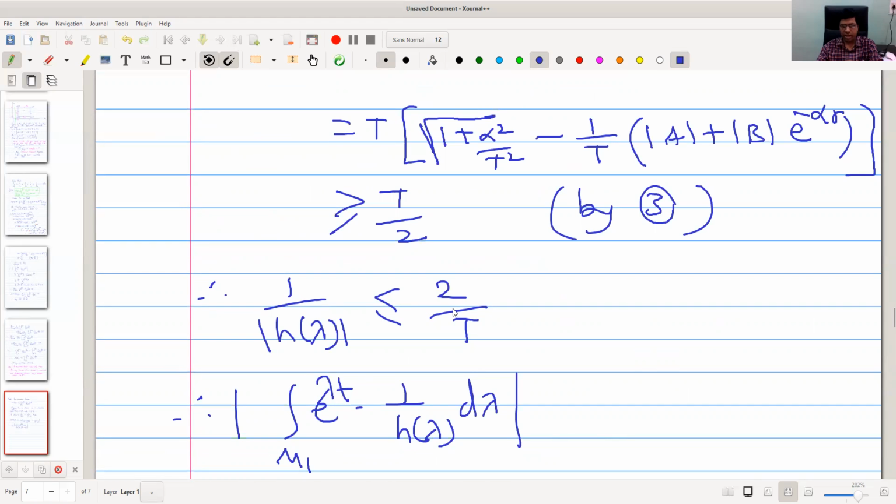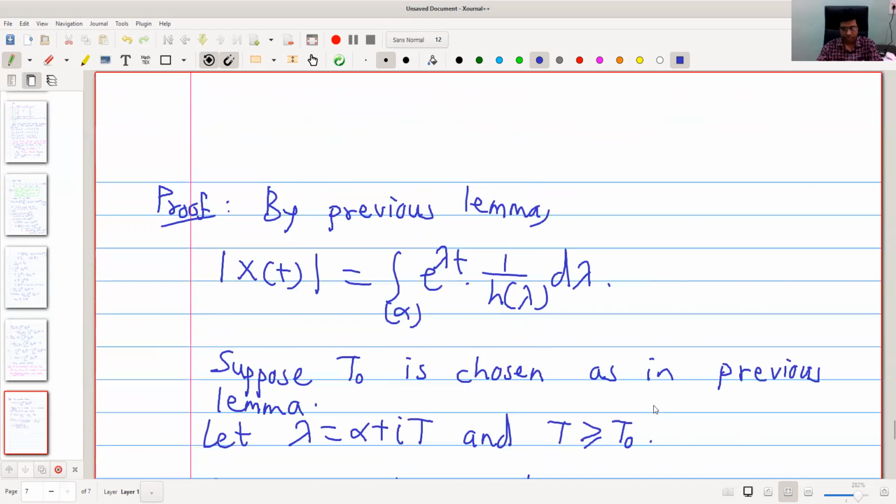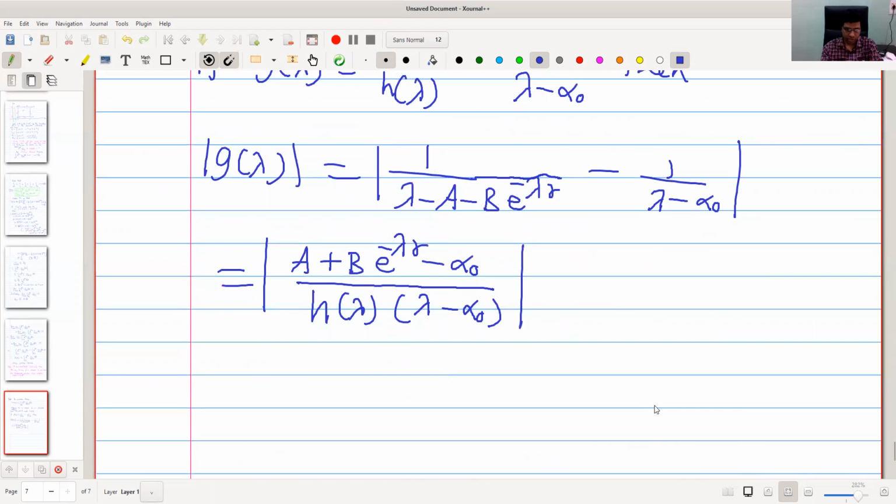So this we are going to use. We replace 1 upon mod of h of lambda by 2 by t. And here we write mod of the numerator is less than or equal to mod a plus mod b into mod of e raised to minus lambda r.